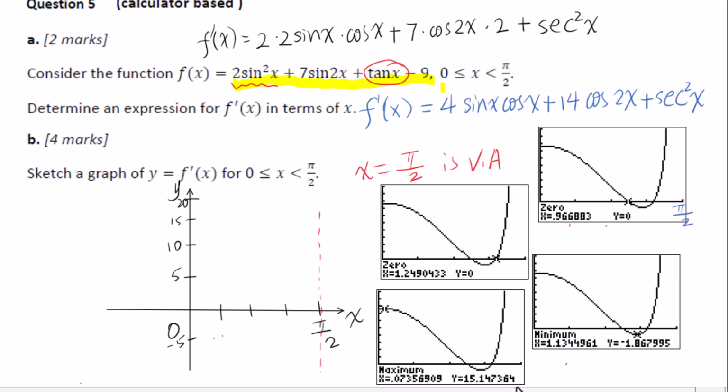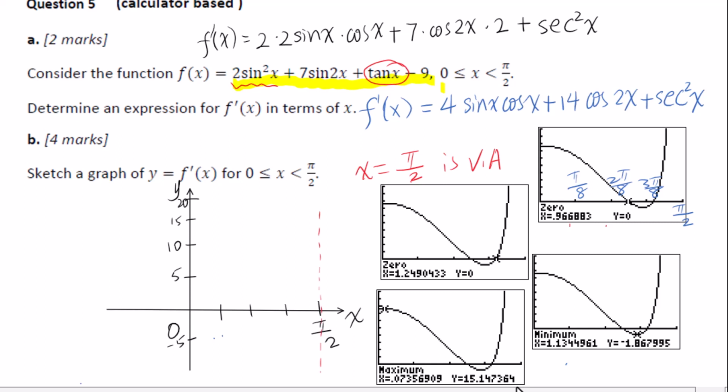Then we will find the key points on the y equals f prime of x. This is pi over 2. Divided by 4 will be pi over 8, 2 pi over 8, 3 pi over 8. Just estimate the x-intercepts. One is between 2 pi over 8 and 3 pi over 8.